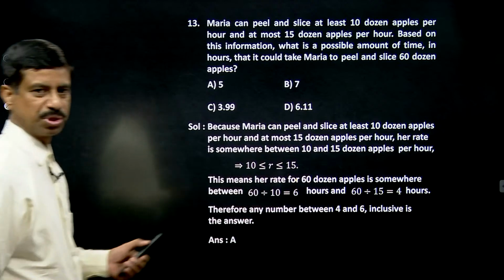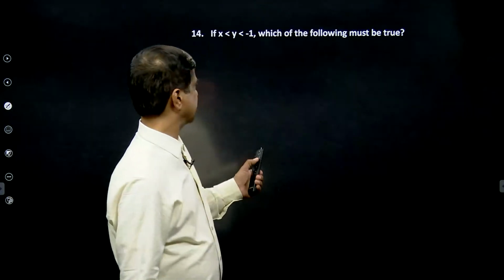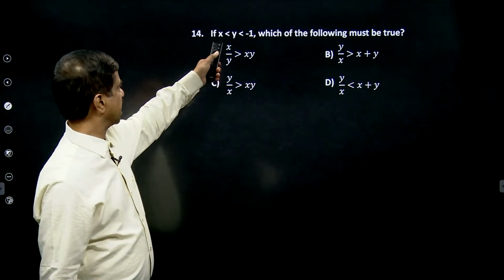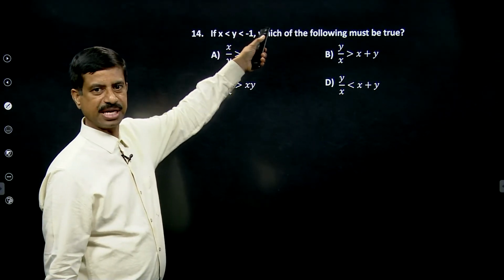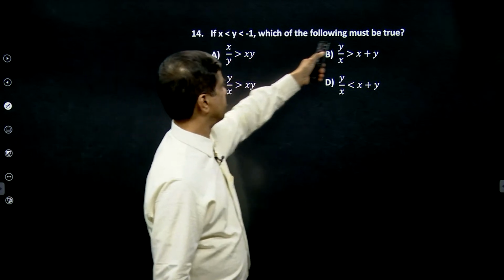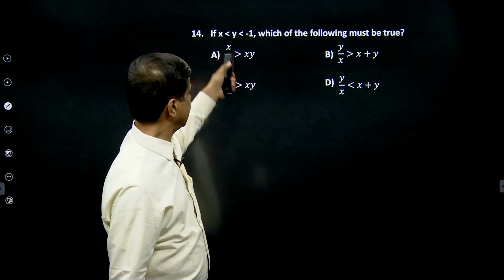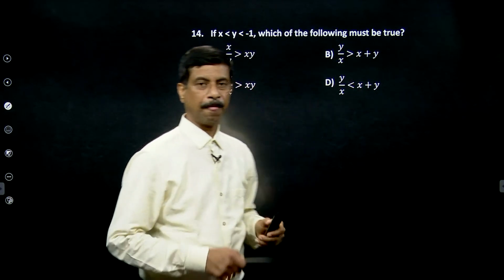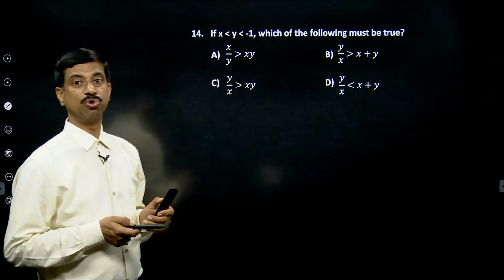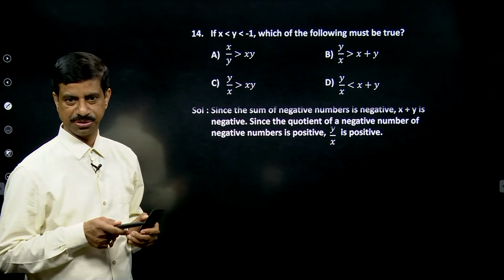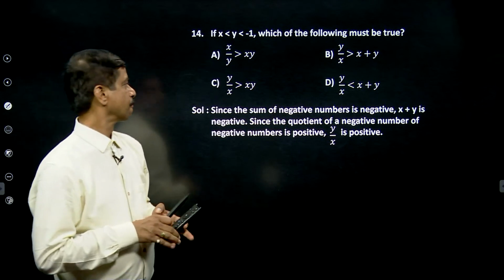Okay children, let us move to the next question. So look at this, x is less than y is less than minus 1, which of the following must be true? A, B, C, D options are given. Now, we should see which of those satisfy the given conditions, right children?